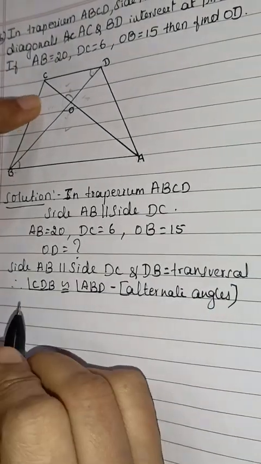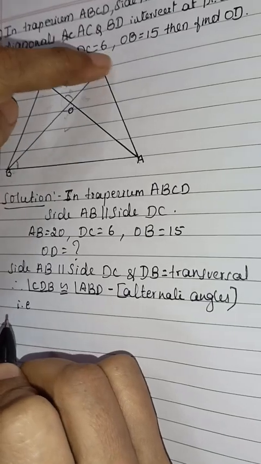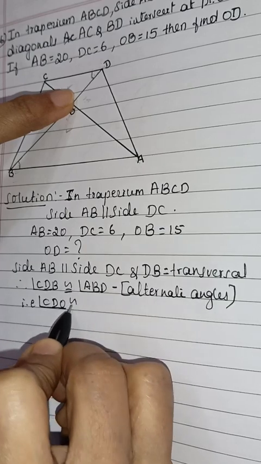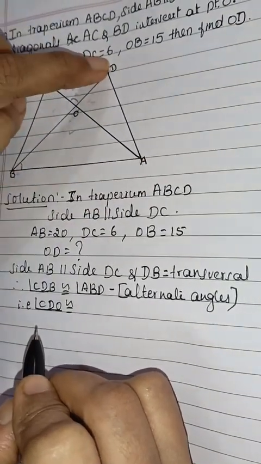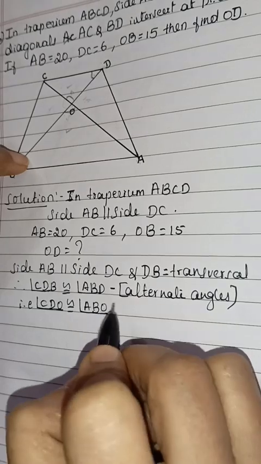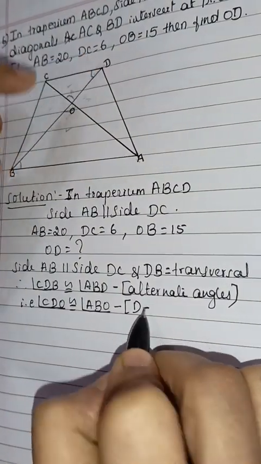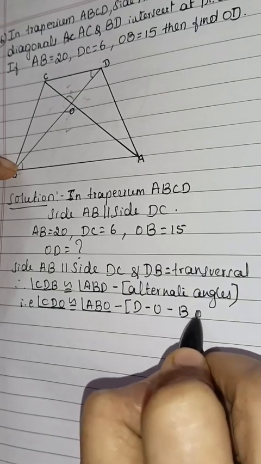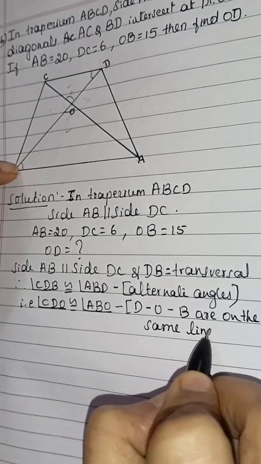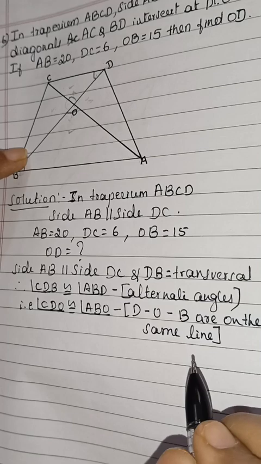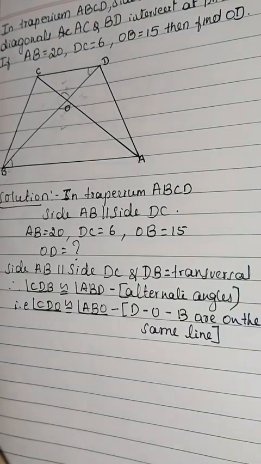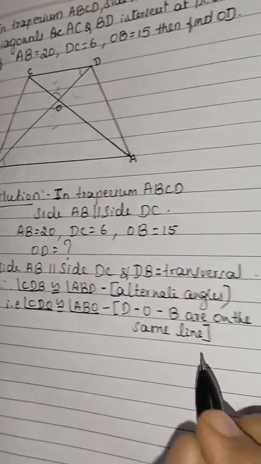CDB means CDO, so angle CDO is congruent to angle ABO, because D, O and B are on the same line, in other words DOB are collinear points. This is equation number 1.